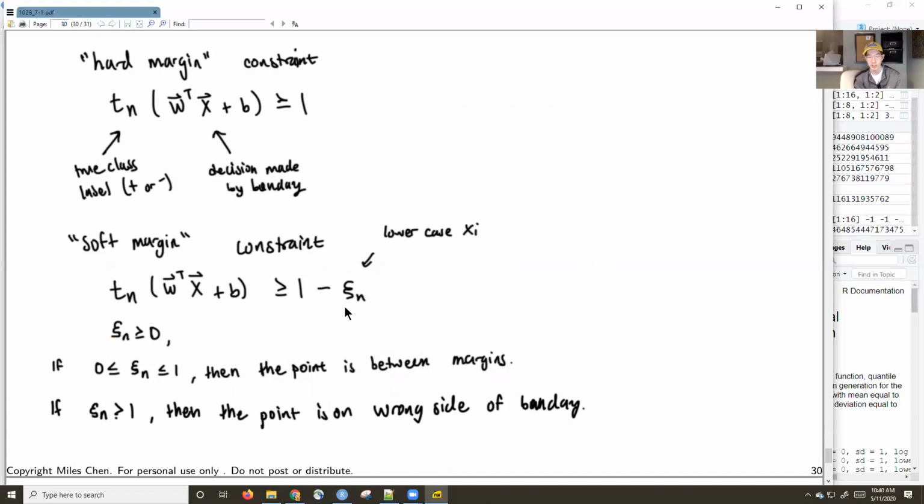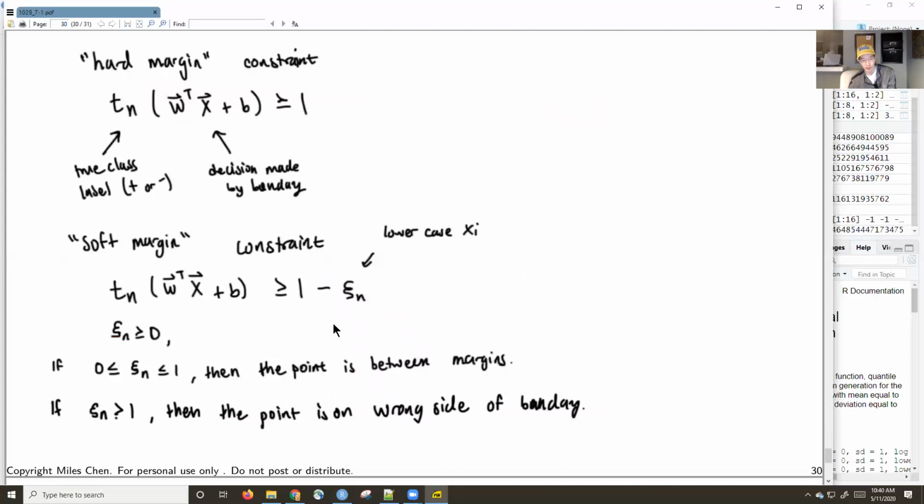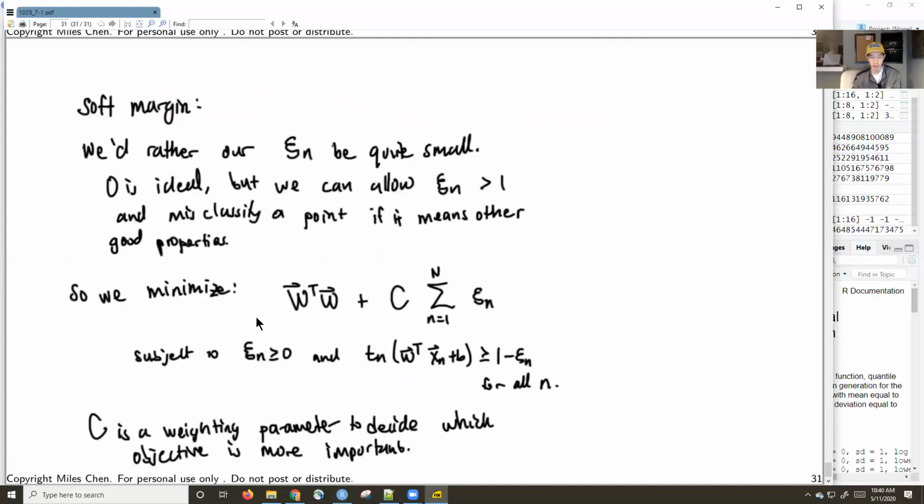This is known as the soft margin classifier, where your plus or minus b is still defined by these dotted lines that go to some points selected in the data set, but it allows for individual values to end up on the wrong side.